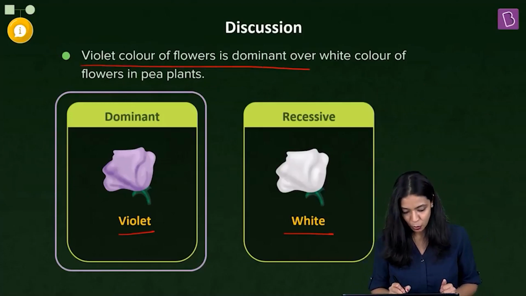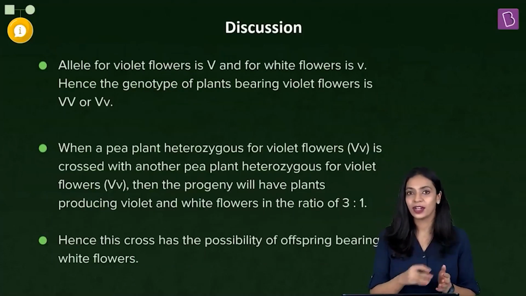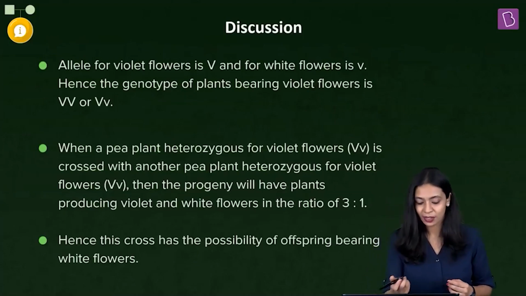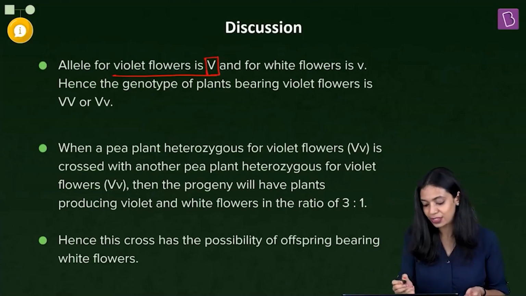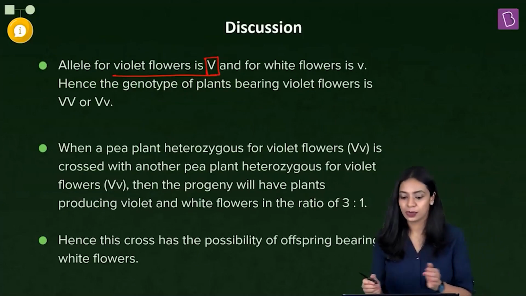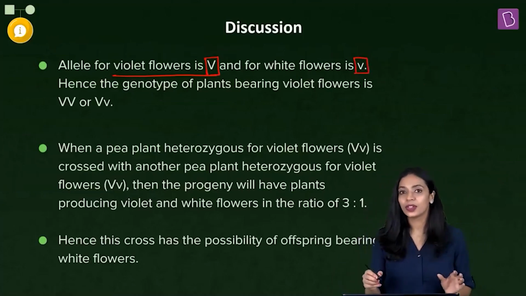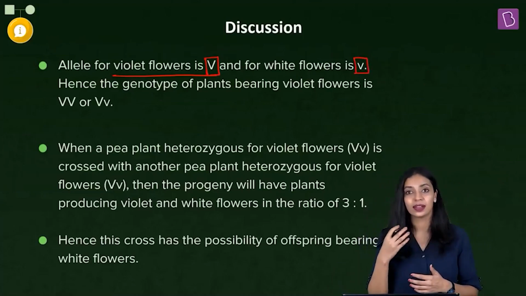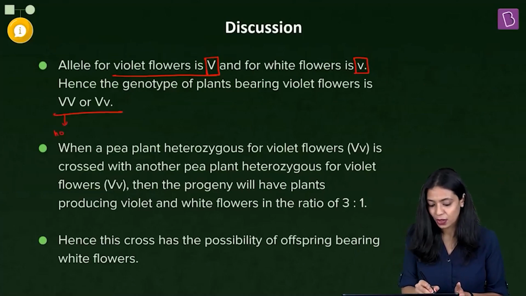If we are going to represent the dominant and recessive alleles with alphabets, we can represent the allele that is responsible for violet flower with capital V and the allele that is responsible for production of white flowers as small letter v. So the genotype of a plant that produces violet flowers can be homozygous or it can be heterozygous.